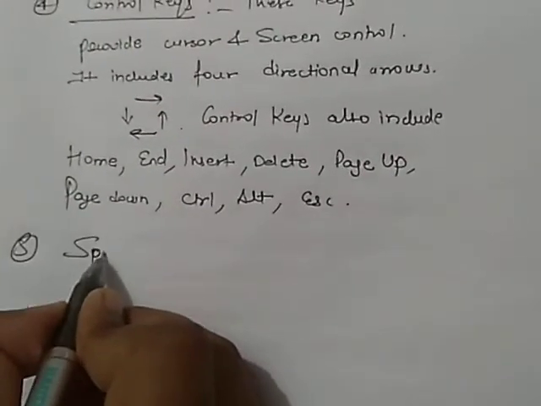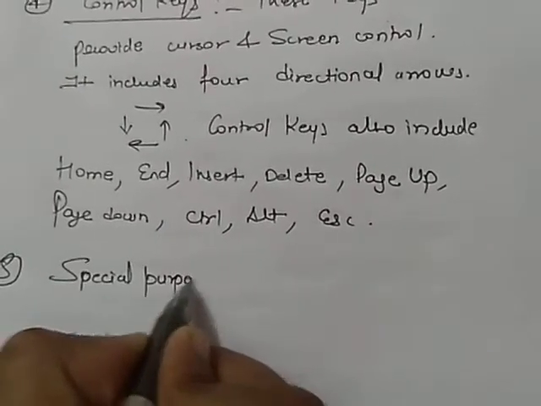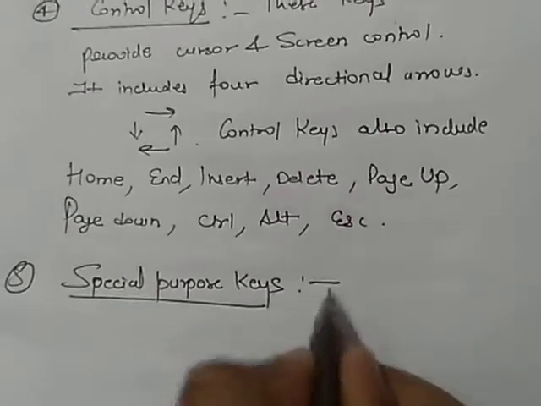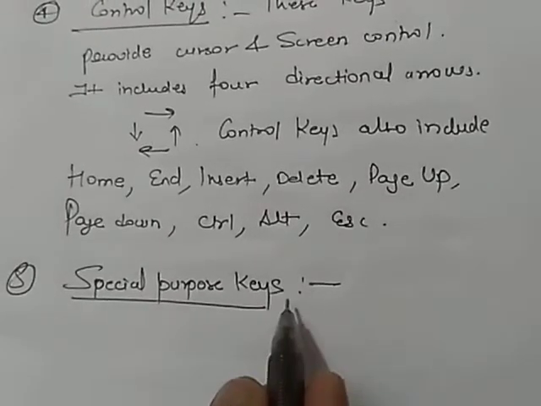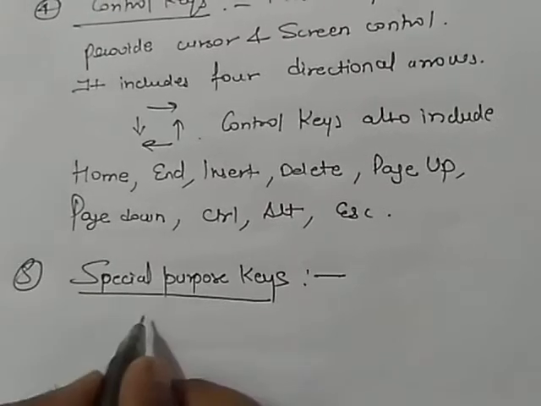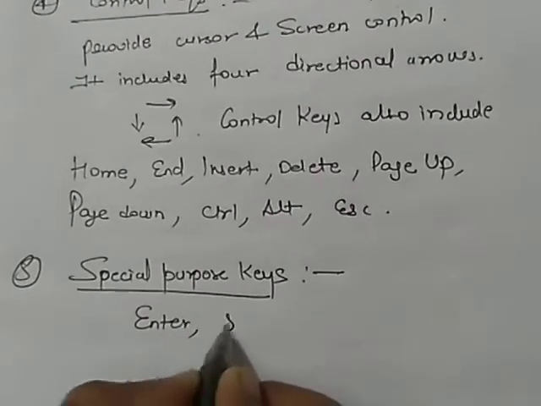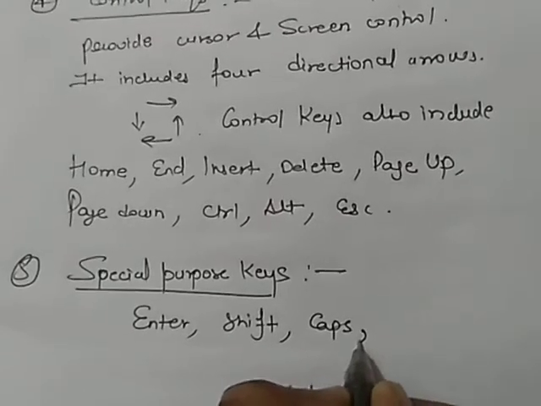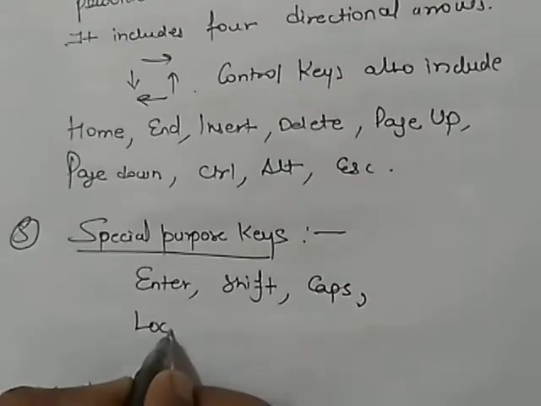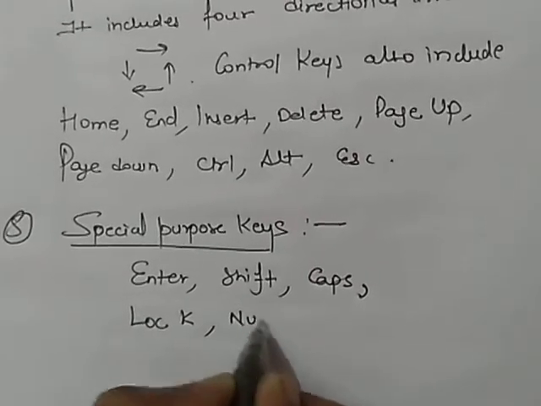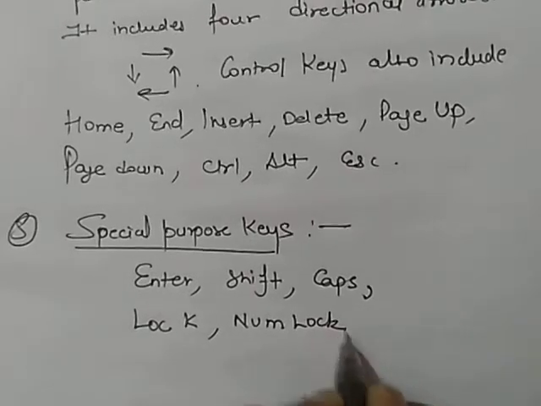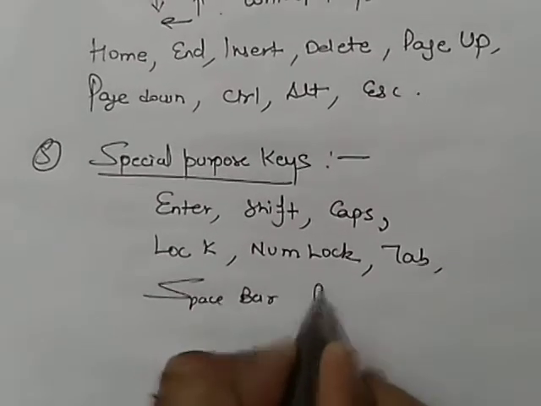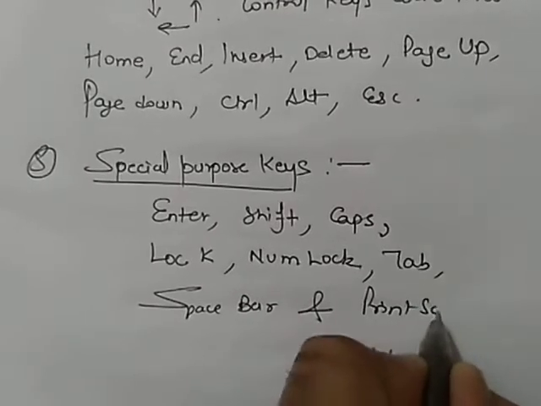Now the fifth one is special purpose keys. Now keyboard also contains some special purpose keys such as we have enter key, we have shift key, we have caps lock, we have number lock, we have tab, space bar, and print screen.